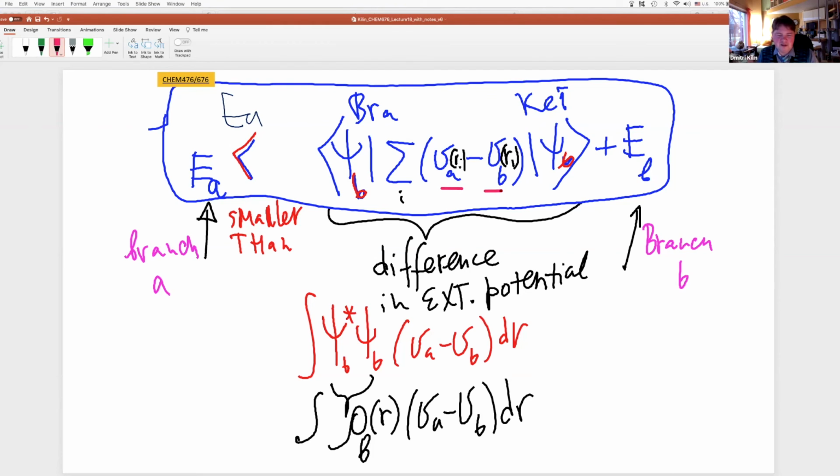And we can express this expectation value of subtraction of external potentials as, instead of bra, we can write a wave function with star. Instead of ket, we can write a wave function without star. And instead of the sandwich structure, we just do integration over the whole space. And then in the brackets, there is a subtraction of external potential.